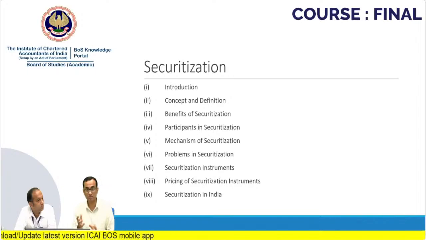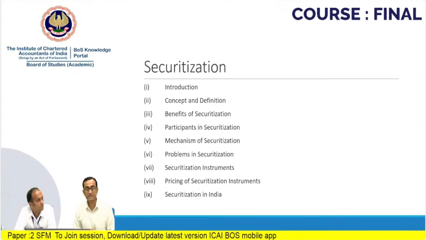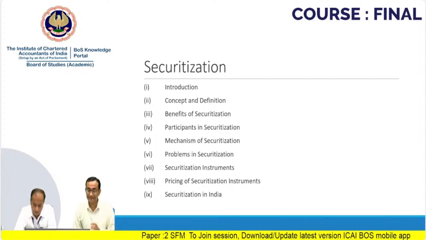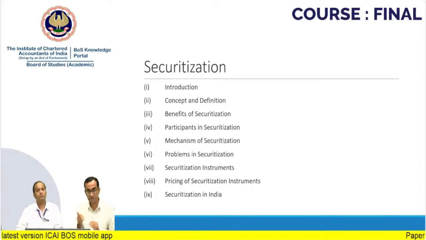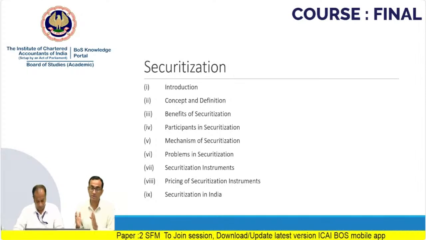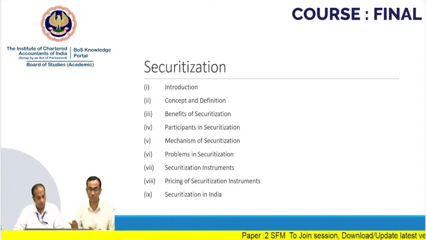Now, who are the participants in this securitization process? First is the originator, the bank or financial institution in this example, and then the special purpose vehicle, which converts those mortgage-based assets into securities. Another participant is the merchant banker, which manages this securitization process, that is, the securities issued to the investors.